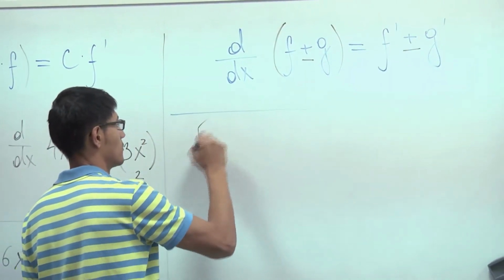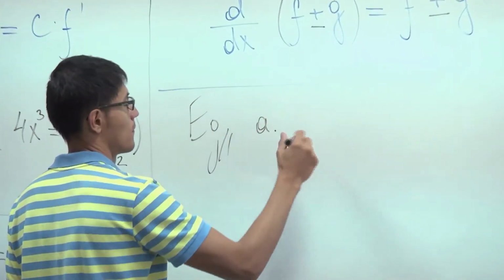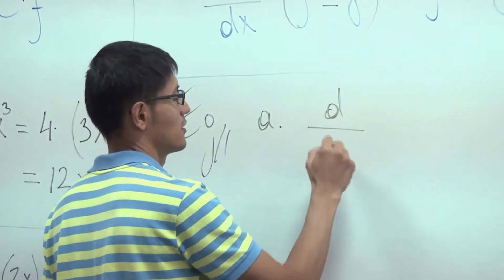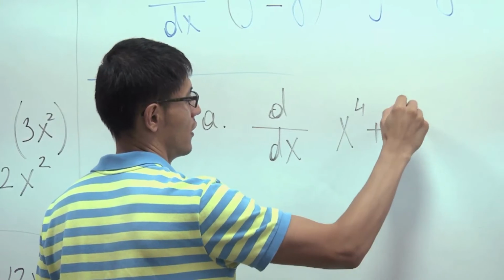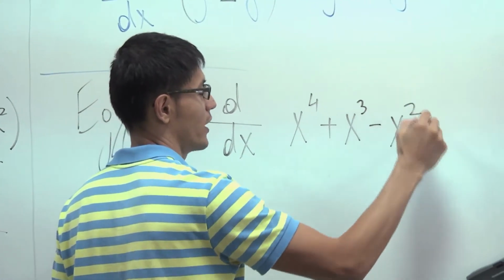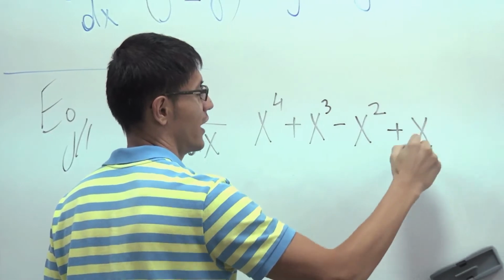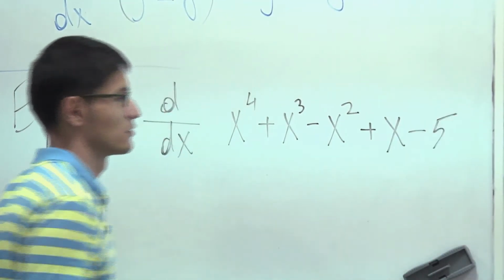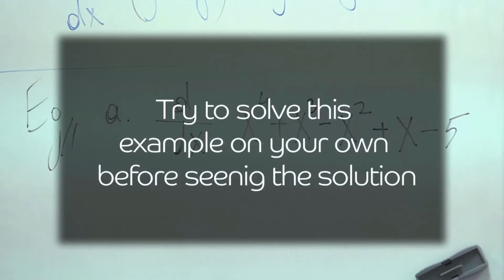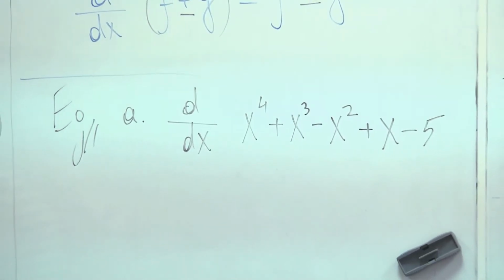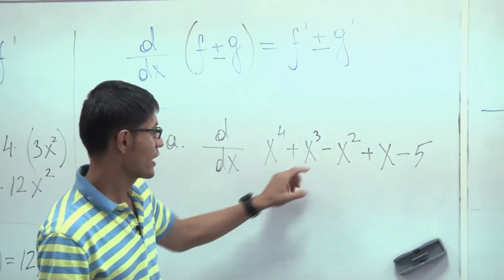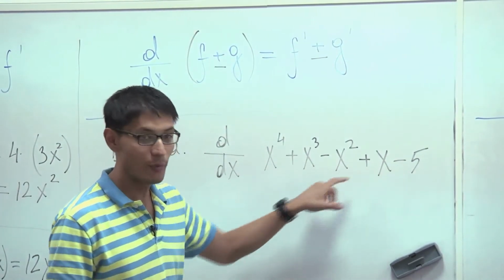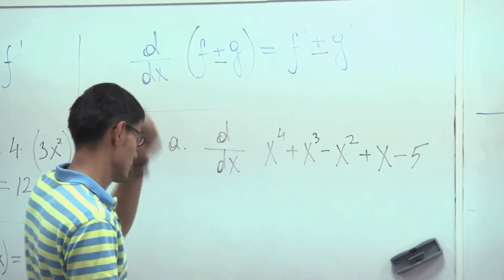So, for example, let's say you want to take the derivative of x to the fourth plus x cubed minus x squared plus x minus 5. This rule says that whenever you have addition or subtraction, you just take the derivatives separately, and then you keep the pluses and minuses in front.